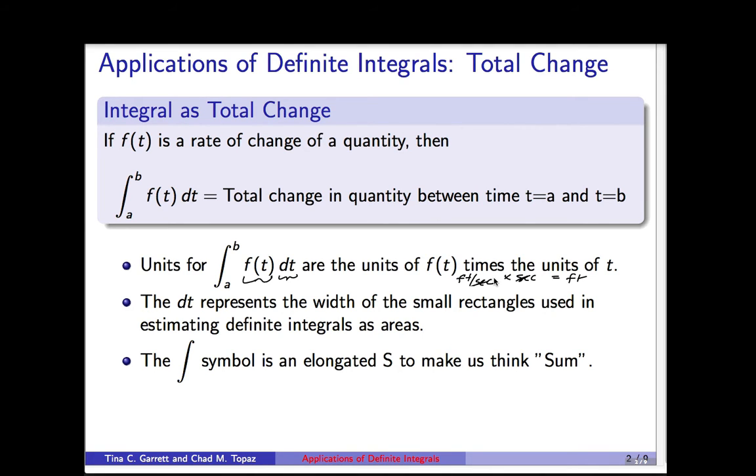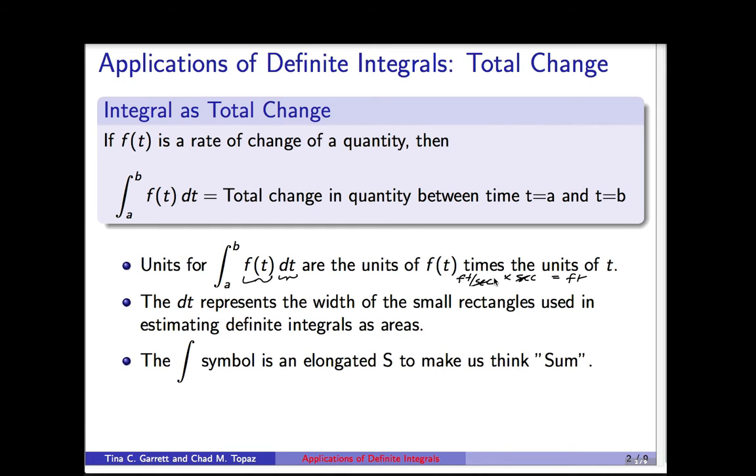I did mention that that little dt is a technical piece of the notation, and what it represents is the small bit of time, or you can think of the width of those small rectangles that we used in estimating definite integrals as areas in the right-hand sum and left-hand sum.